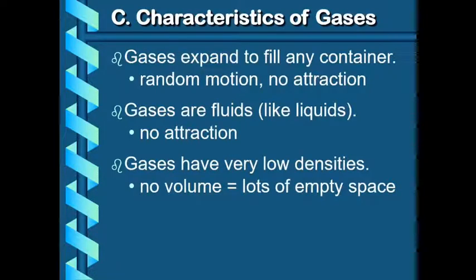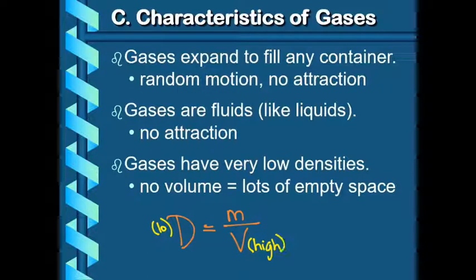If I refresh your memory on the density equation, density is mass over volume. If they're going to have a very low density here, then you want what is considered to be a high volume here. So when we say no volume, don't let that be misleading here. It's a very large number or large volume that you have.